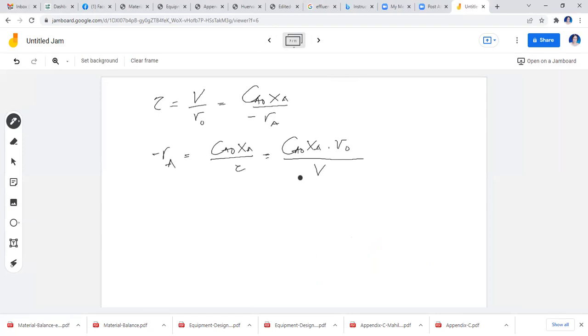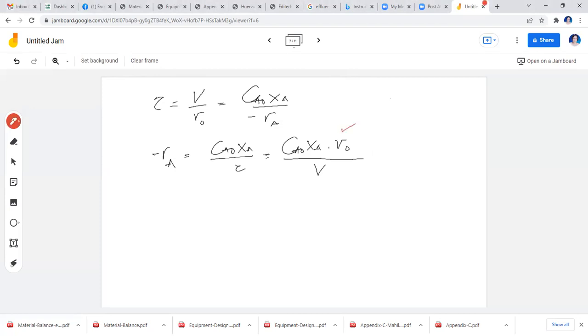Now, what is going to vary in here? In this equation, what's going to vary? What is not fixed in this equation?